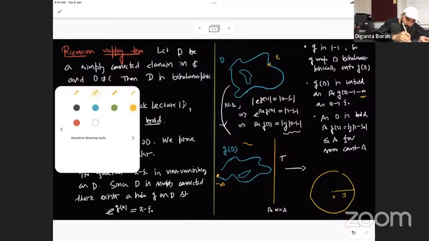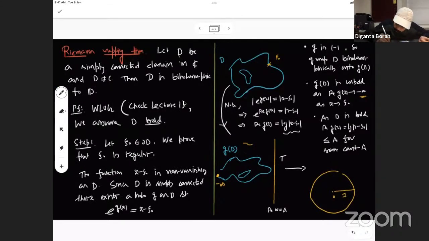And where will the domain go? In fact, you can write it down, you can verify. This map would be, with the variable here being W, T of W is, if I am not wrong, so go back and please check, I might be wrong also, (A minus 1) W plus A plus 1 in the denominator.